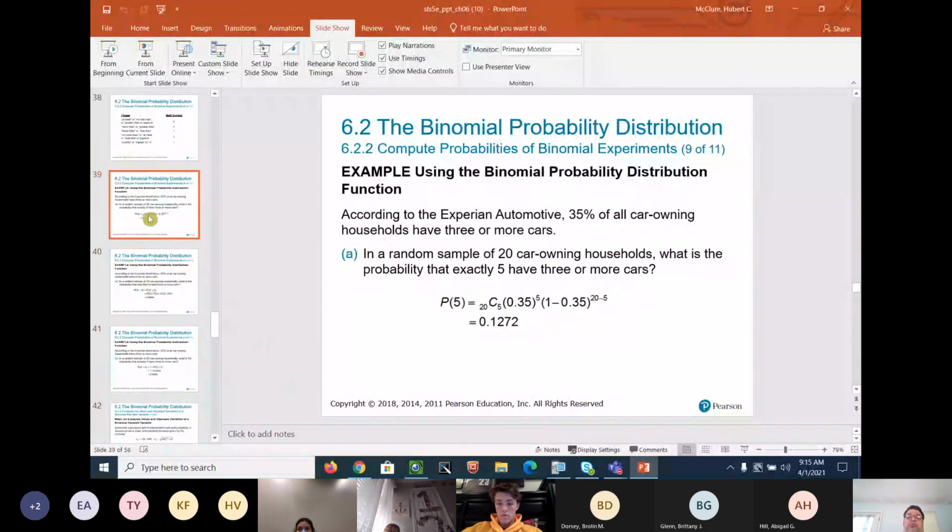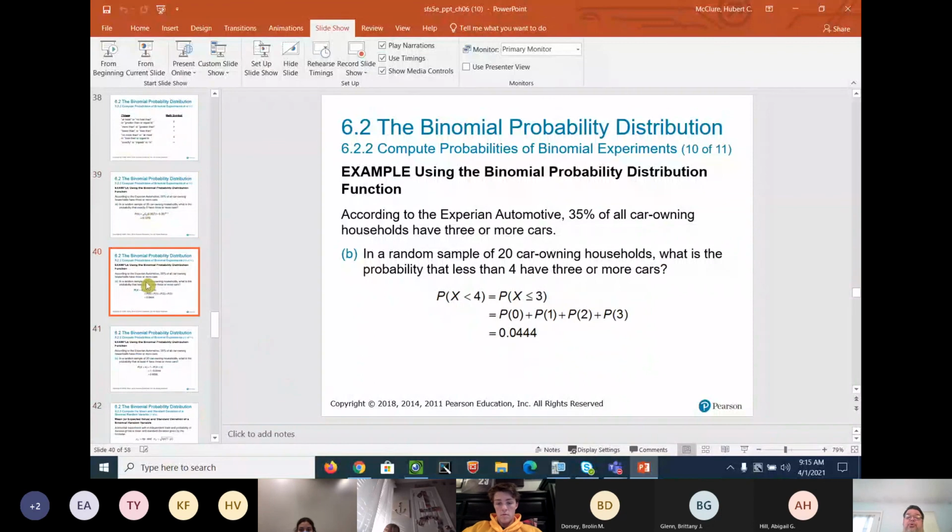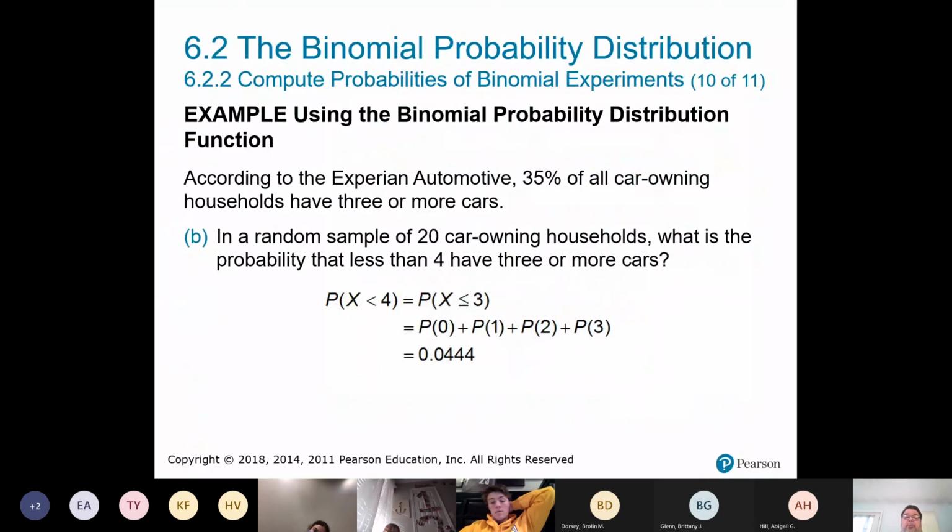All right, here's the next one. And this is where you're going to see your inequalities come in. In a random sample, blah, blah, blah, what is the probability that less than 4? Now, I'm going to write this down, and I suggest you write it down because you're going to have to draw the number line so you can understand what this one is asking.